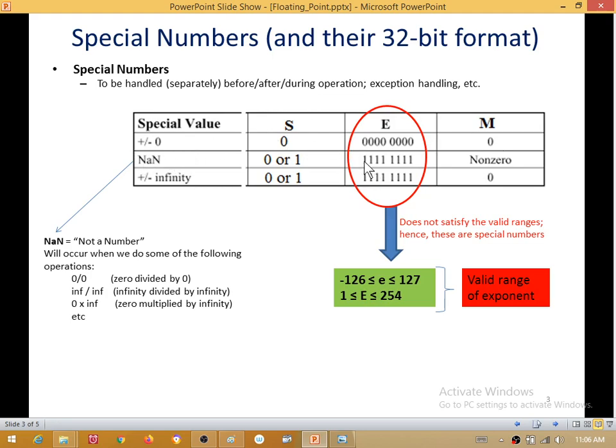NaN will definitely have capital E as FF in hex or 255, and M could have any non-zero value. Similarly, plus or minus infinity can have whatever sign it has, 0 or 1 sign. It will have all ones for your biased exponent capital E, and it needs to have a 0 in your M.